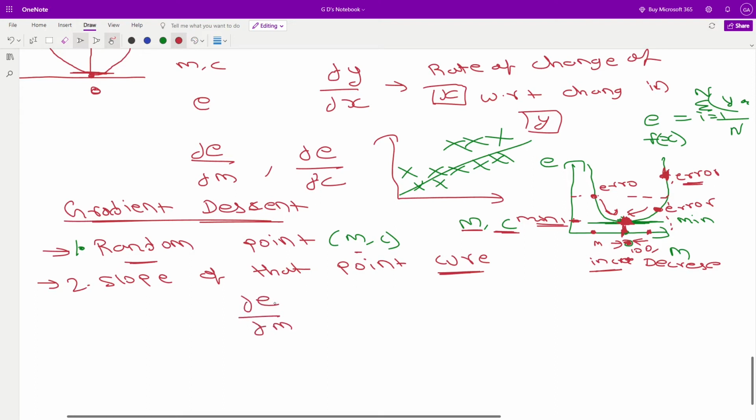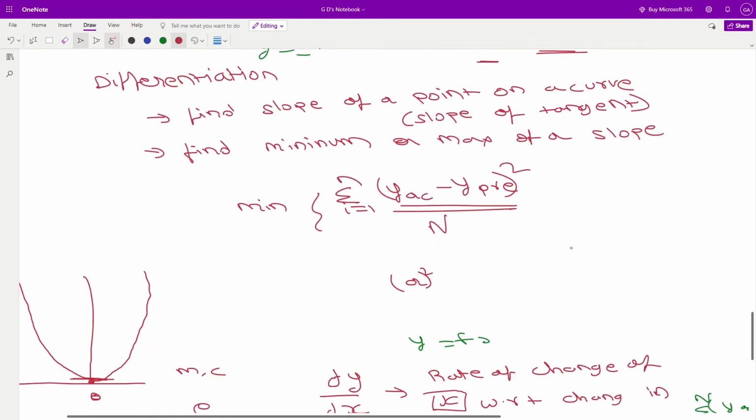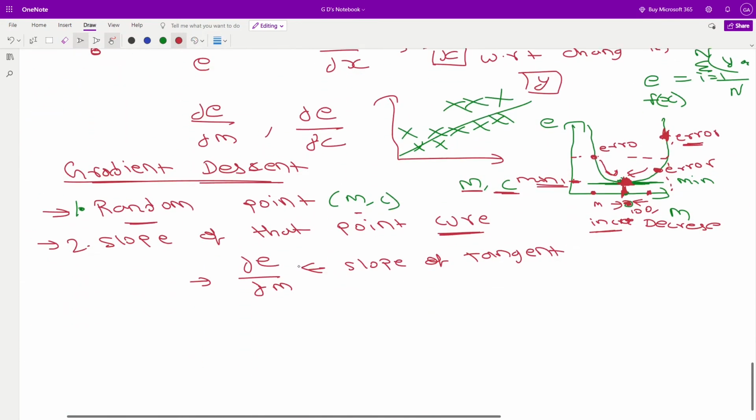This becomes your equation because you want to minimize the error. So by using this, you can find the slope of the tangent, and this will help us minimize your error. The main point to understand is that with the help of differentiation, we can calculate the slope of a point on a curve. That is what we are doing here.